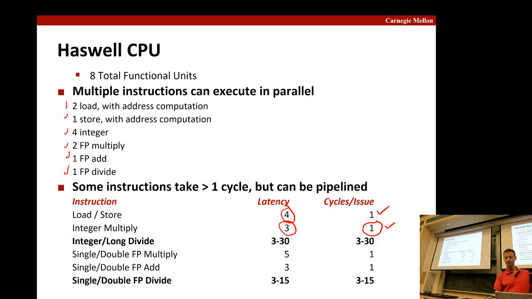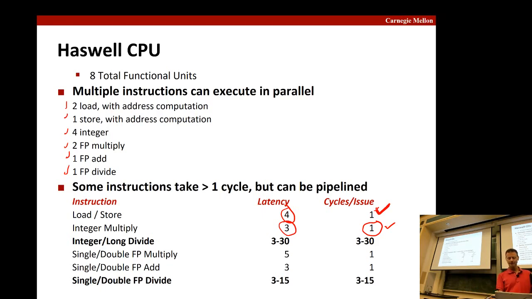If you have 4 independent loads, you get the first one in 4 cycles, but then the ones after that come at the 5th, 6th, 7th cycle. So again, the throughput is very good.